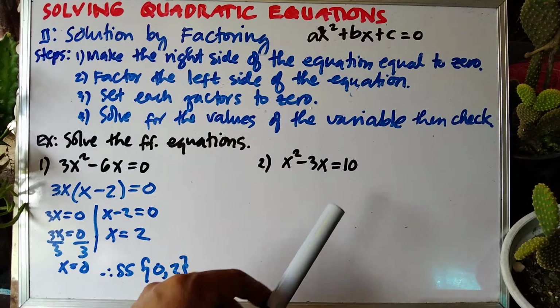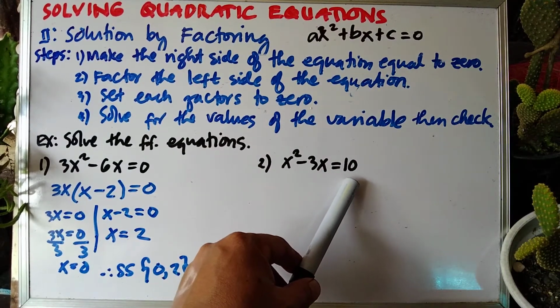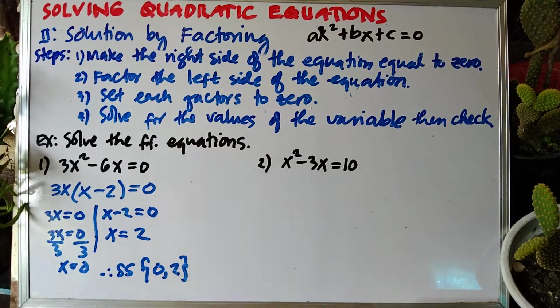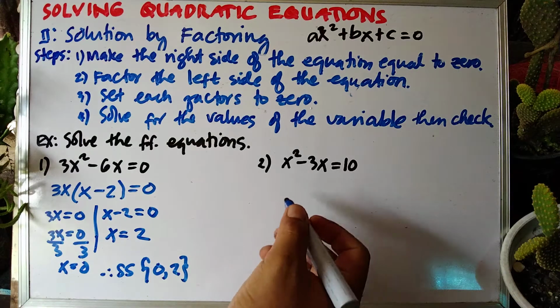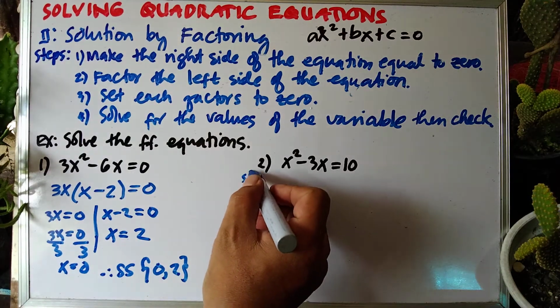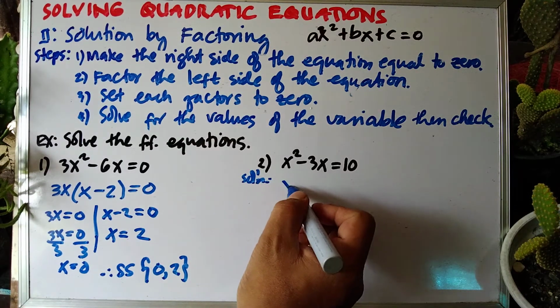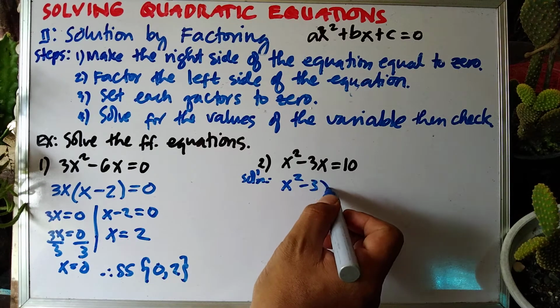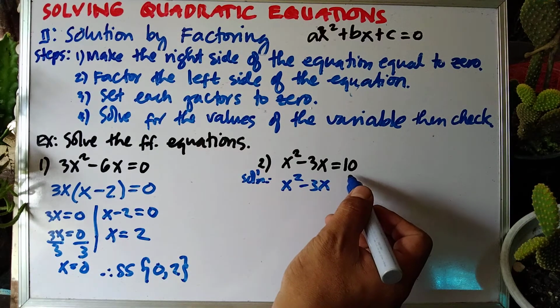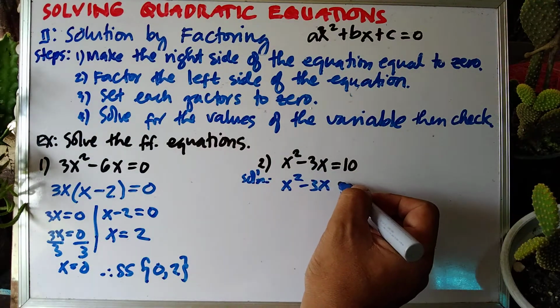So anong gagawin natin? Itatranspose natin si positive 10 doon sa left side niya. So, this is the solution. x squared minus 3x. Positive 10 ito dito. Kung ililipat natin doon sa kabilang equation, magiging minus yan.